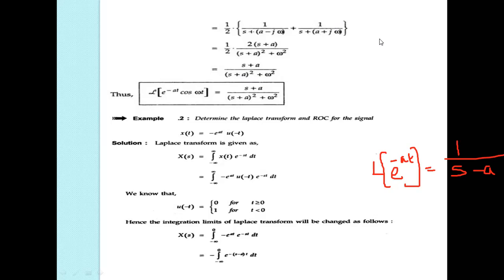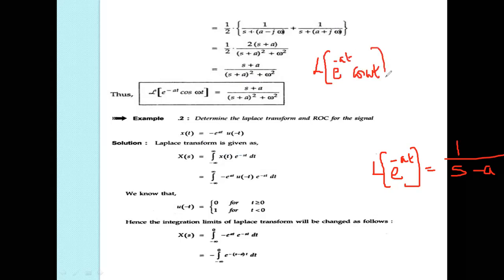Remember, my dear students, now the Laplace transformation of e power minus at cos omega t is equal to s plus a by s plus a whole square plus omega square.